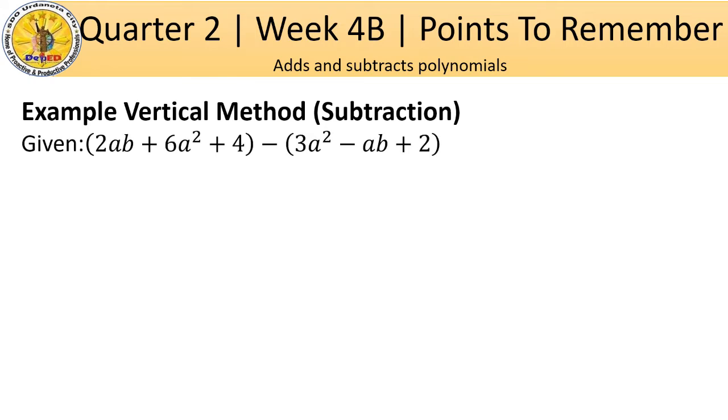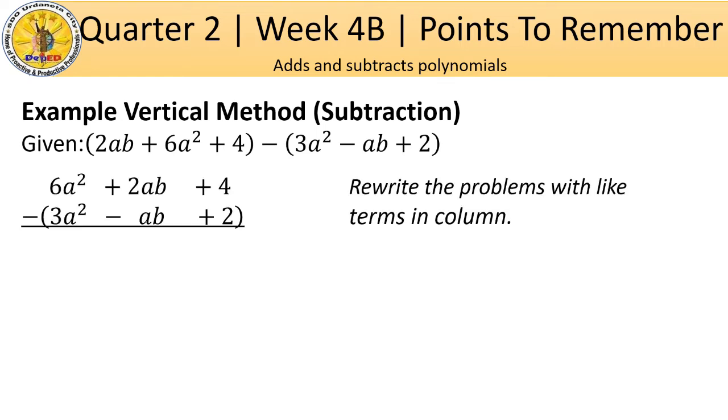Given, open close parenthesis, 2ab plus 6a to the second power plus 4 minus 3a to the second power minus ab plus 2. So the first thing we need to do is we rewrite the problem with like terms in column. So 6a to the second power plus 2ab plus 4 minus open close parenthesis 3a to the second power minus ab plus 2.